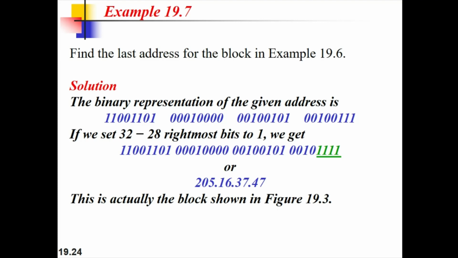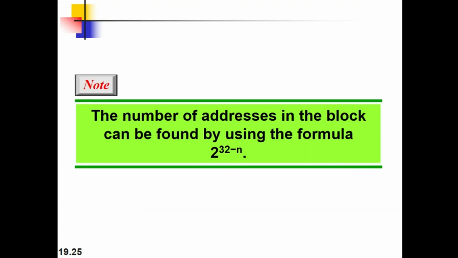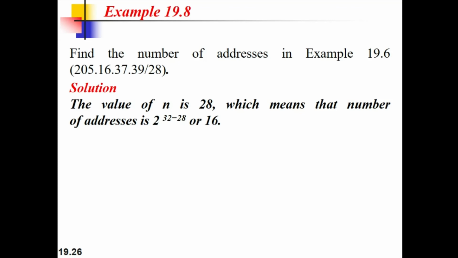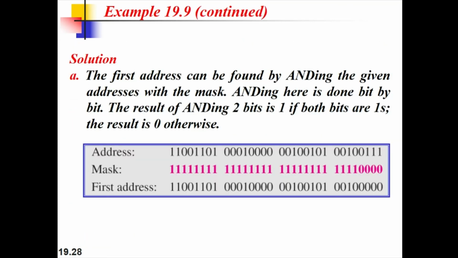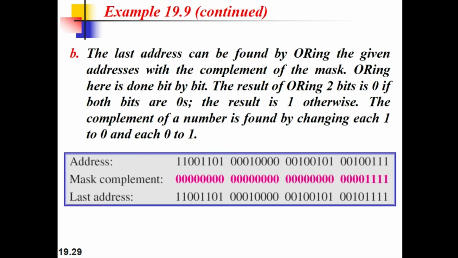To get the last address, change the n rightmost bits to 1. If you want to use binary conversion, you can find it using AND with the mask and OR with the mask complement. This is how you can identify the first address, the last address, and the total number of addresses.